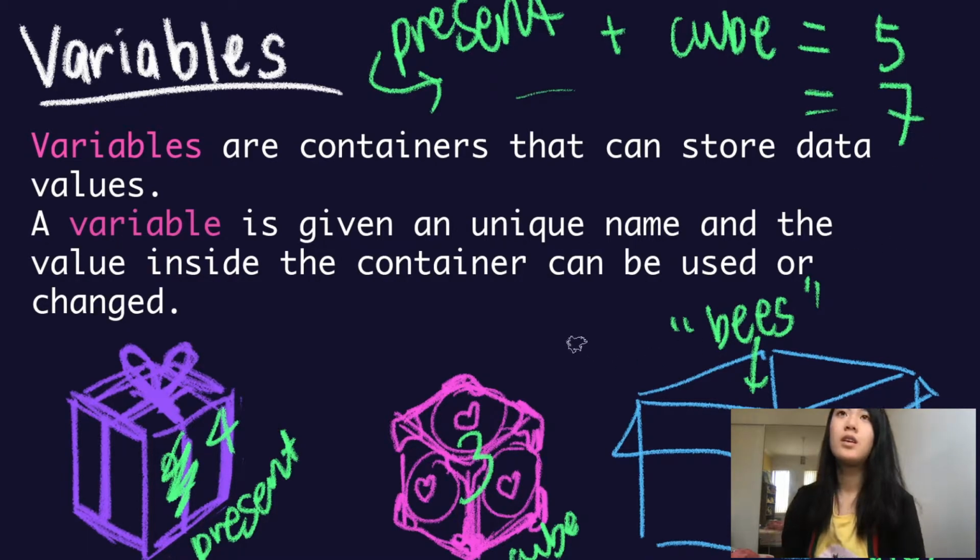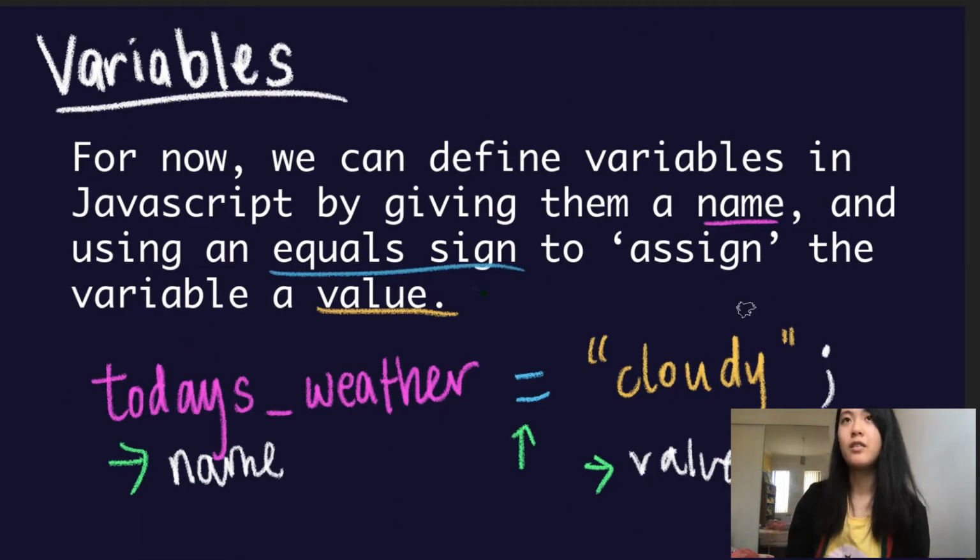So to write this in JavaScript, we have on our left hand side the name of the variable, and on our right hand side what's stored inside the variable, so its value. Here it's the string cloudy. So in JavaScript, remember, name, equals sign, and then value to the right.